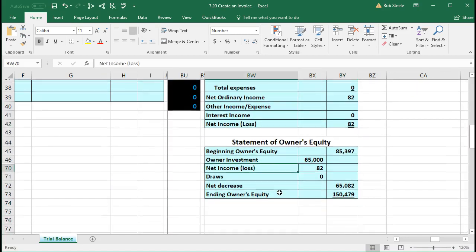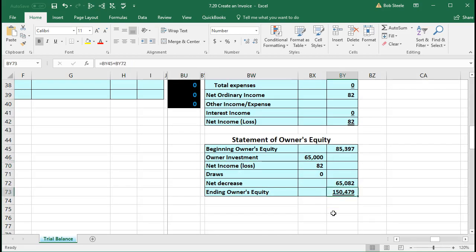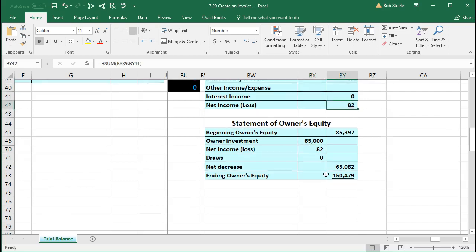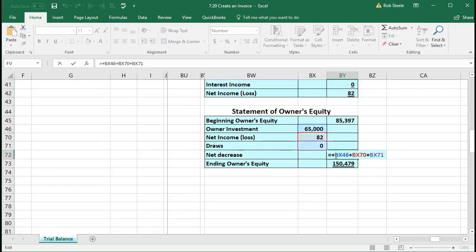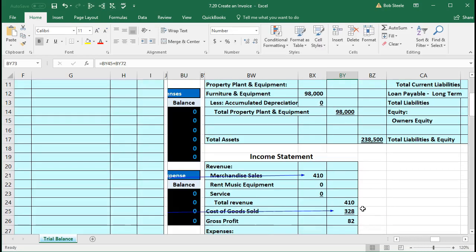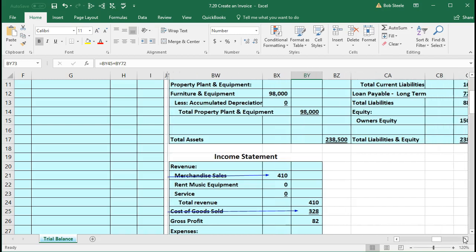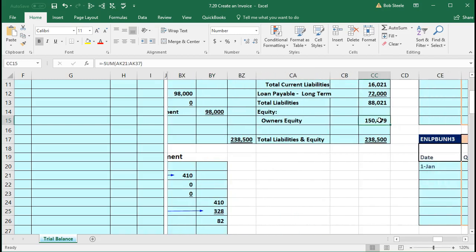And our equity down here is going to be totaled at 154.79, which is the beginning balance plus what was input by the owner investment, then our net income being drawn from here. And that gives us our total change, and that gives us our ending balance in equity, that 154.79 being populated here, 150 as well.